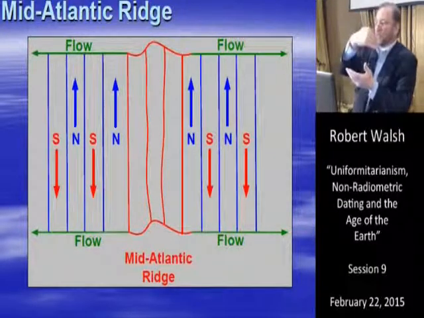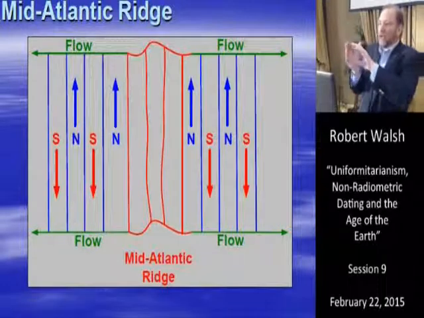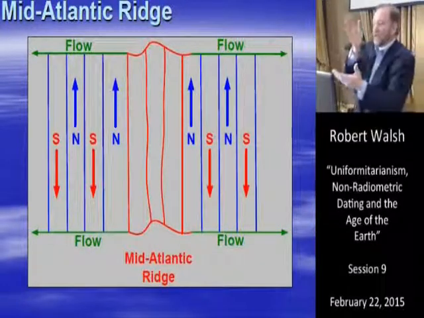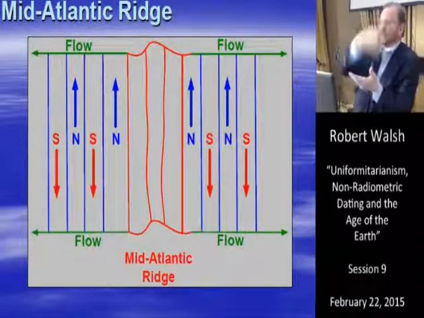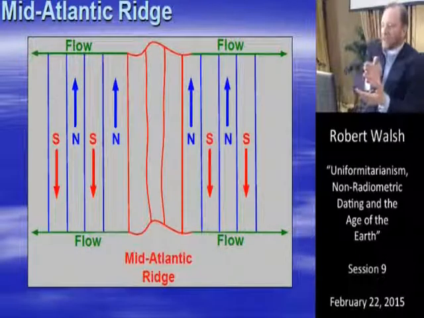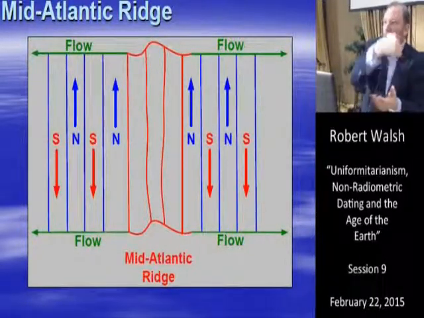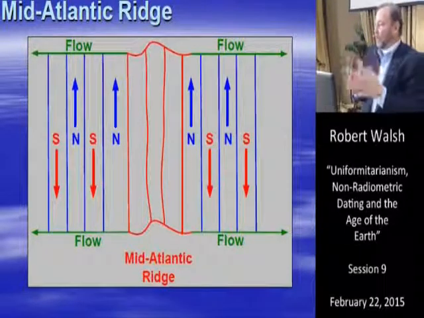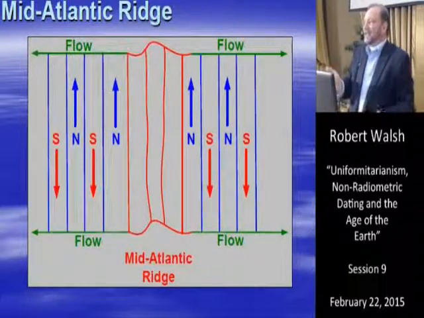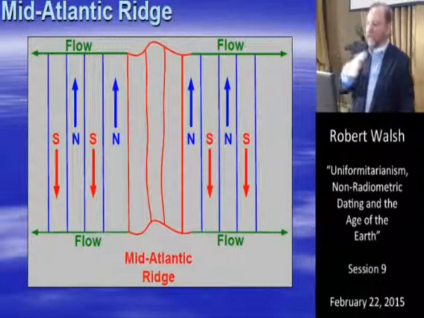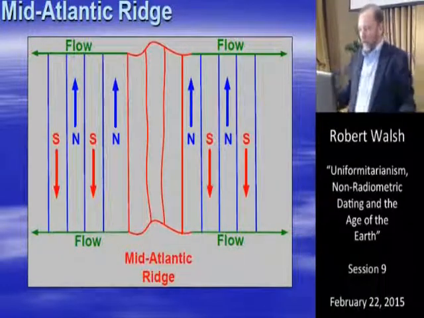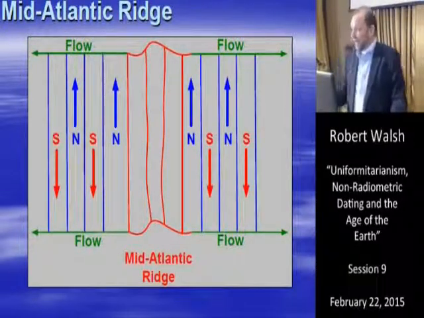So as the field reverses and as this magnetic material moves out, it's going to cool in such a way that it's going to capture the direction of the magnetic field when that material reached the Curie point. And so we see this north-south progression as we move away from the Mid-Atlantic Ridge.